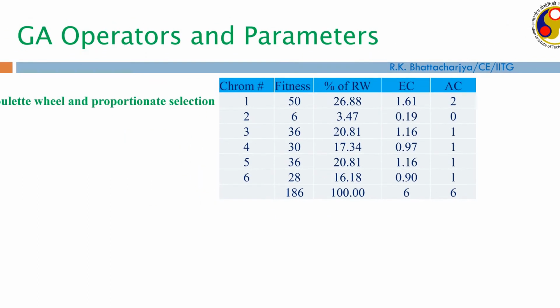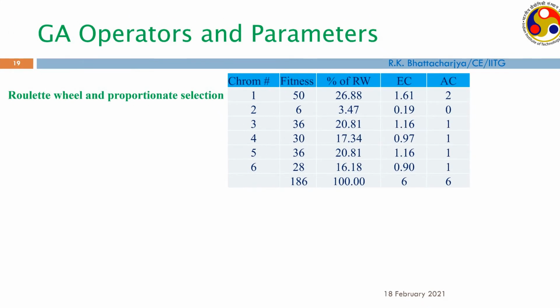So what we are doing here, okay, I think you have played roulette wheel. I'm not sure actually. If you have played roulette wheel, then you can see how it works. Let me show the roulette wheel, and then I will explain this one. But before that, suppose we have 6 solutions. We call them chromosomes.